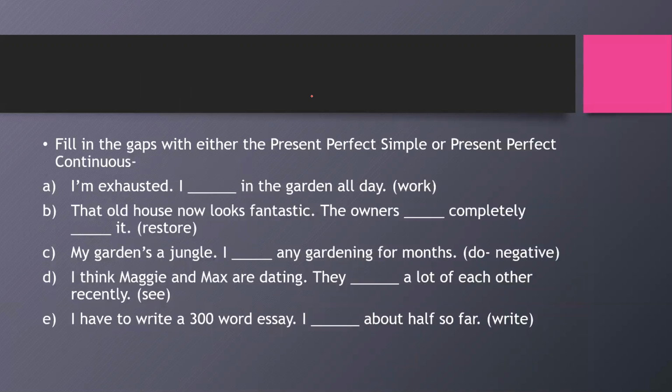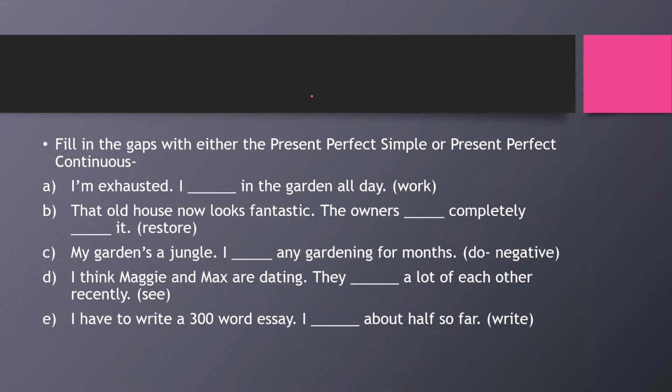Next is we have to fill in the blanks or the gaps with either the present perfect simple or present perfect continuous. So I am exhausted. I dash in the garden all day. So this is what? I dash in the garden all day. Work.